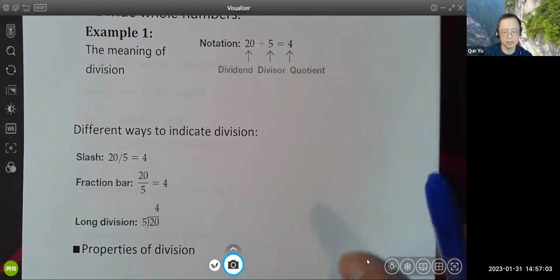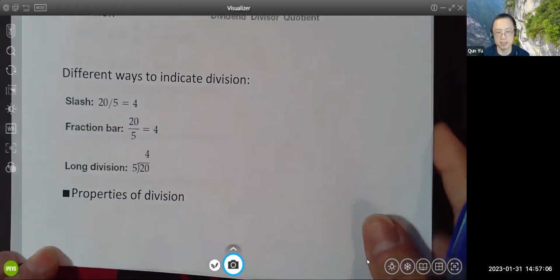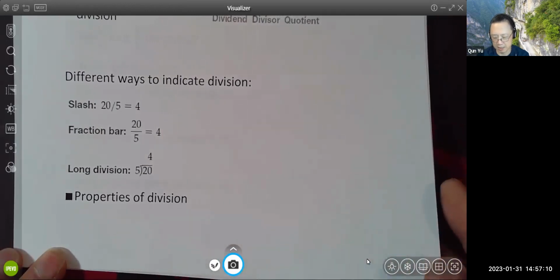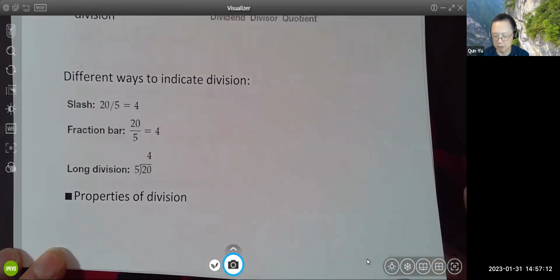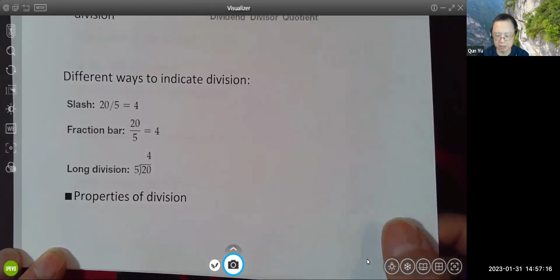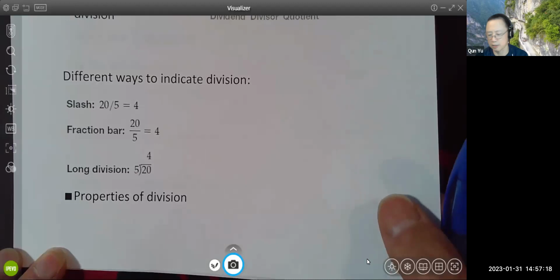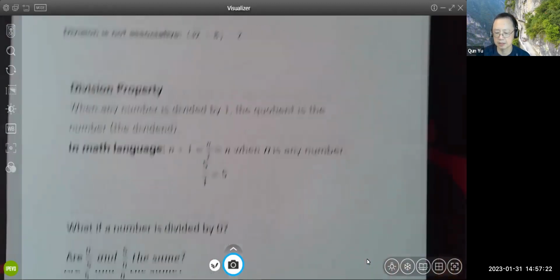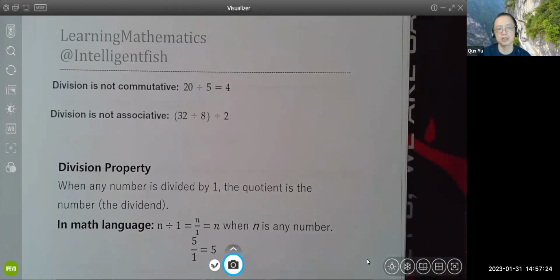Now, let's move on to the properties of division. We learned properties of addition and properties of multiplication in the previous videos. Now, let's look at the properties of division in this video. We have the commutative property of multiplication, which means the order in the multiplication doesn't matter.